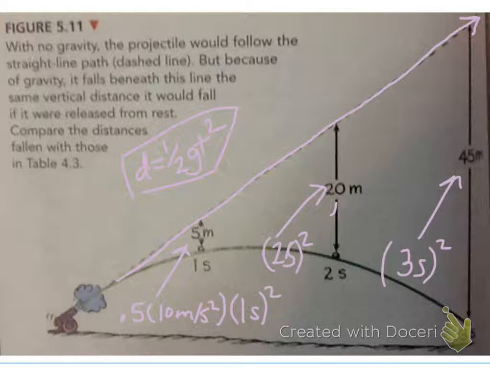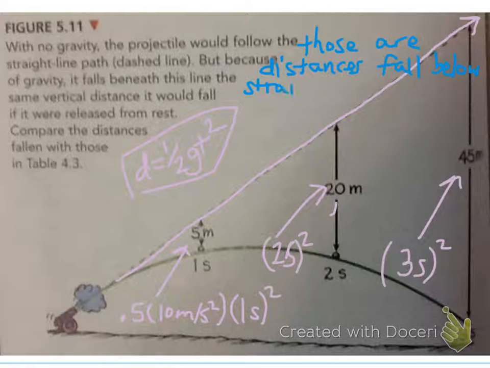Okay, so those are the distances you fall below the straight line in those times for all projectiles.